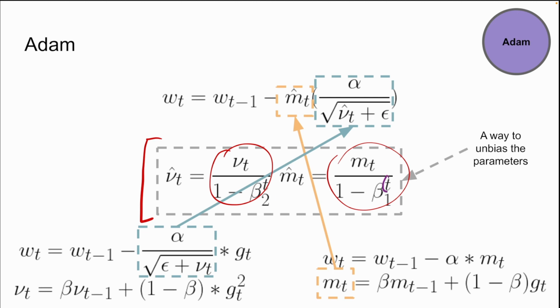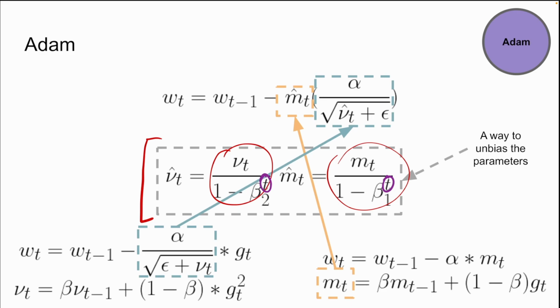The t's in this formula represent the time step, or the number of iterations. You can see that the 1 minus beta to the power of t is going to get closer and closer and closer to 1 the higher t is. So that means as time goes on, our adjustment gets less and less, meaning it really only affects those first few iterations.